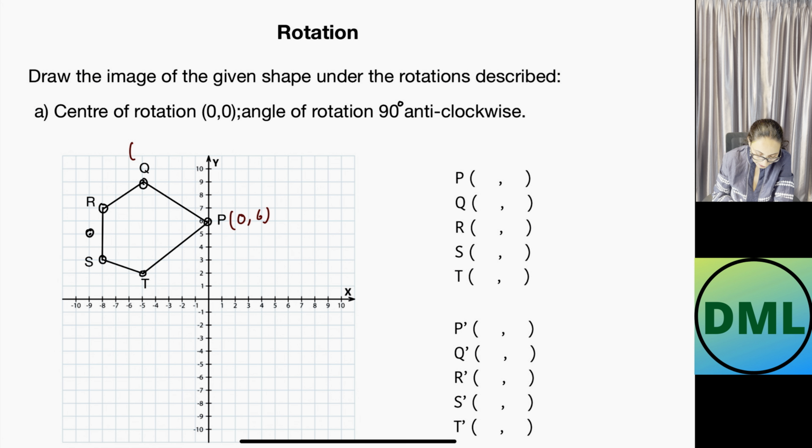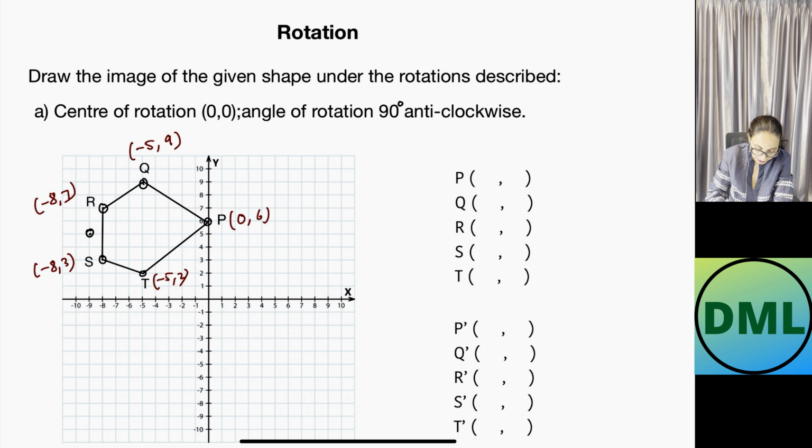Q will be minus 5, 9. R will be minus 8, 7. S minus 8, 3. T minus 5, 2.